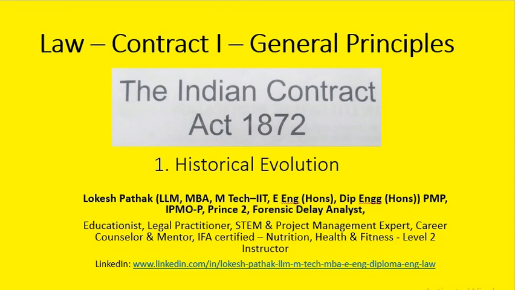So this is the structure of the Indian Contract Act 1872, and we related it with the traditional beliefs or the laws or the principles on which contracting in India was taken care of.